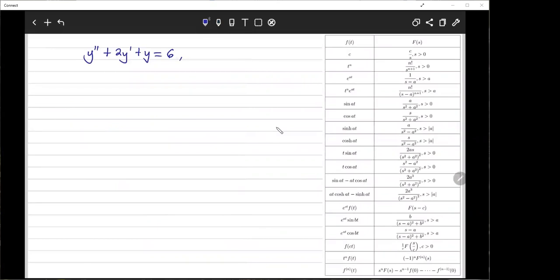But it is not homogeneous because the right-hand side is not zero. If the right-hand side were zero, then we would not need the Laplace transform. We would only need the characteristic polynomial, which we discussed in our previous lesson for linear equations. So next, we have y of 0 equals 5, and then y prime of 0 equals 10.